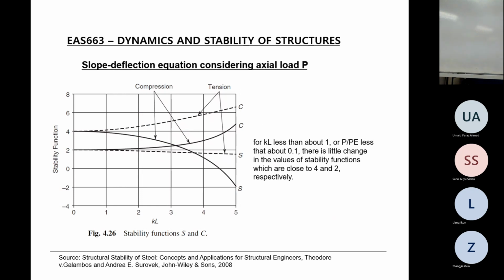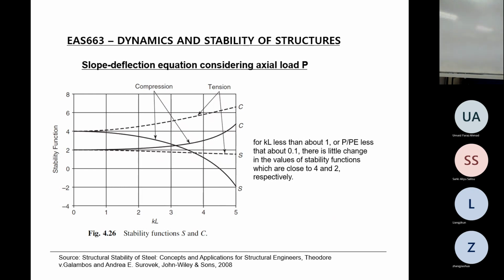This is another diagram showing how they change. Alpha n decreases, but alpha f increases from 2. If the KL is a bit small, there are not many changes. But when the KL increases, exceeding some value, it starts to have a more significant effect on the bending stiffness.